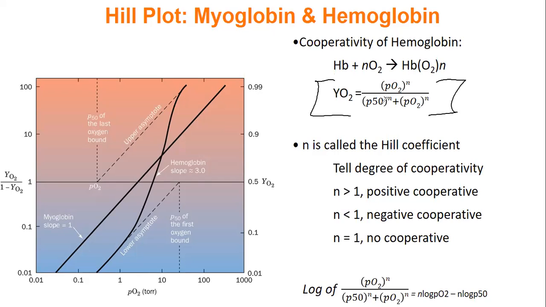Remember, we looked at this equation on Wednesday for myoglobin without any of these n's. These n's are not the amount of ligand that can be bound. They are called a Hill coefficient, and what a Hill coefficient tells you is whether your protein has cooperativity or not.